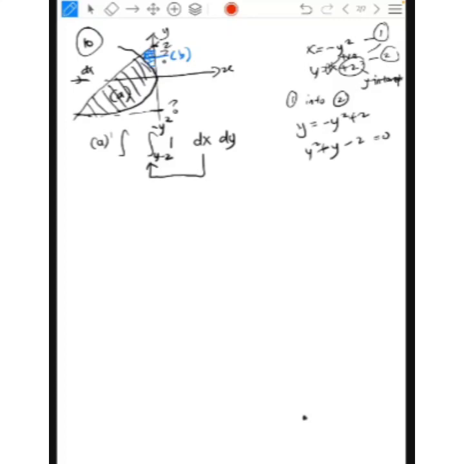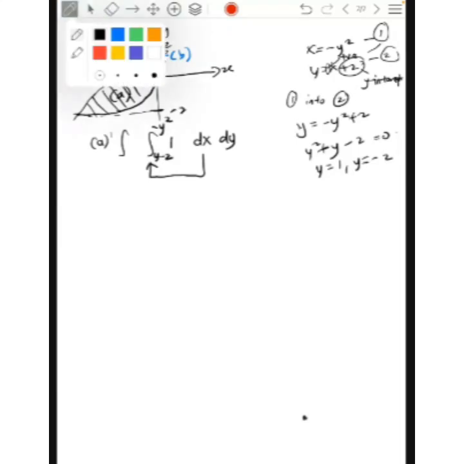So y equals to 1 and y equals to negative 2. So negative 2 is here and then 1 is here. Okay, so y is from negative 2 until 1 lah.